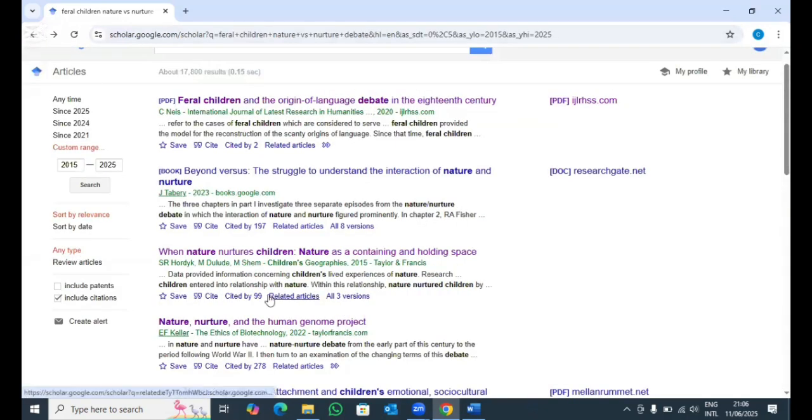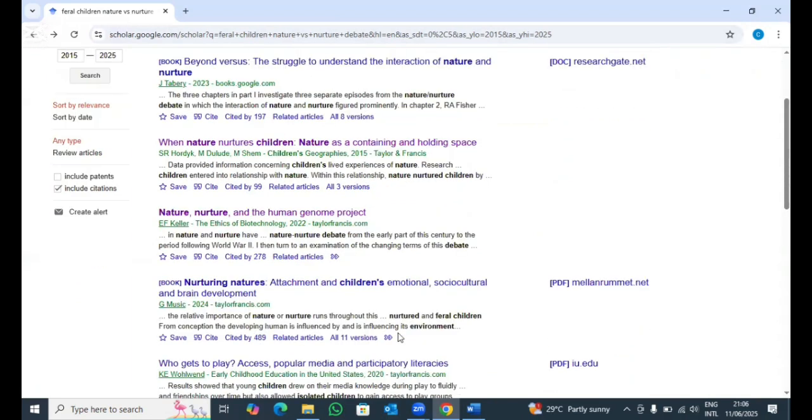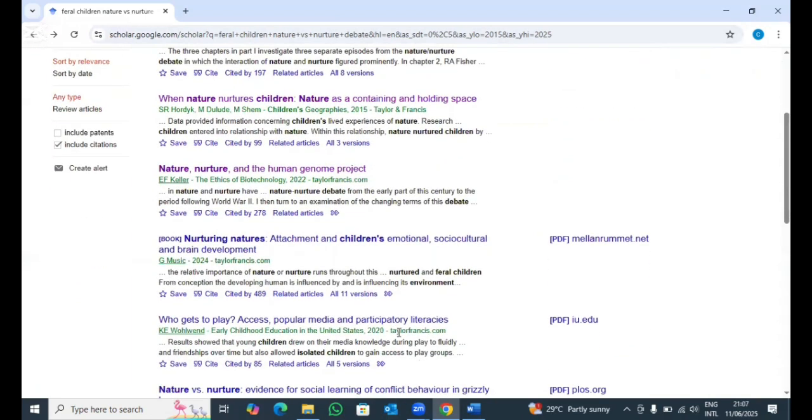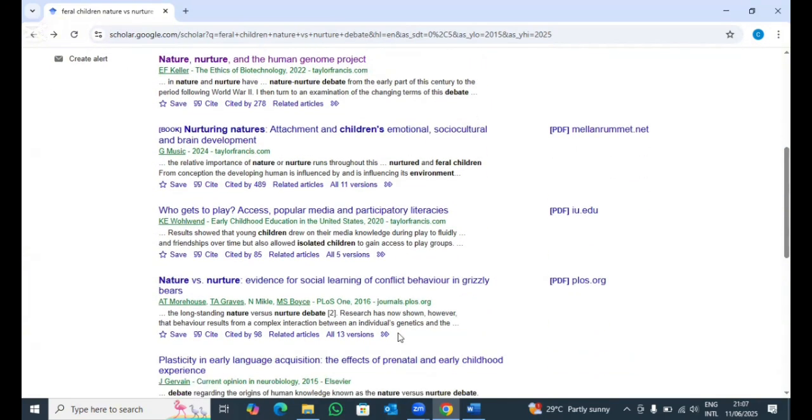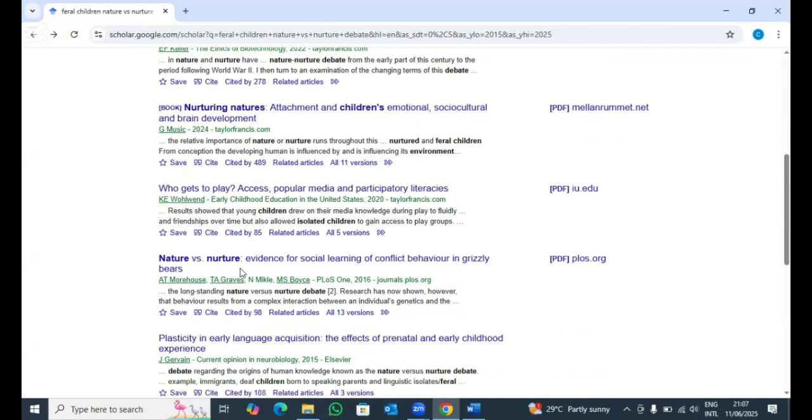So let's pick another paper. Which paper do we want to pick? Let's pick another peer-reviewed literature, sorry. One that is a journal or something. Do we look at this one?